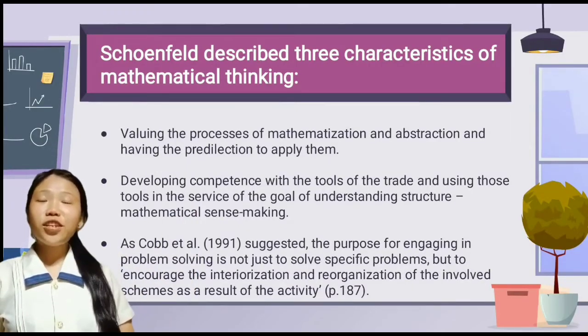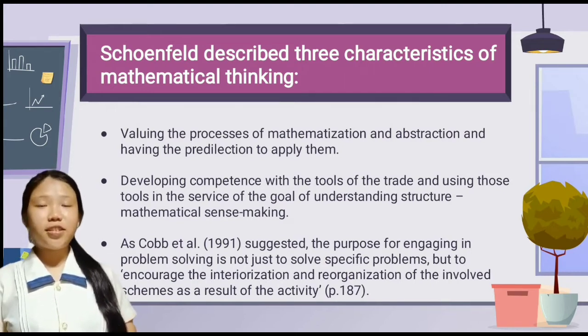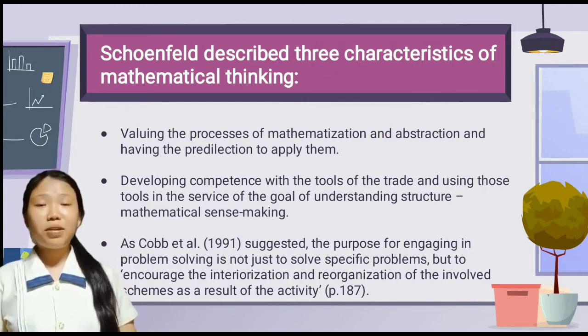Schoenfeld also suggested that a good problem should be one which can be extended to lead to mathematical exploration and generalizations. So he described three characteristics of mathematical thinking. First, valuing the processes of mathematization and abstraction and having the predilection to apply them.